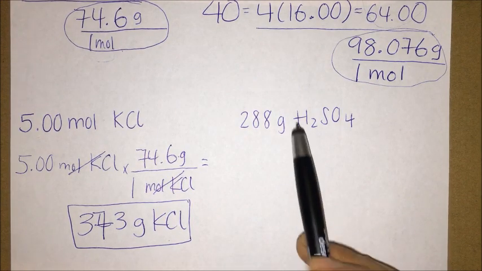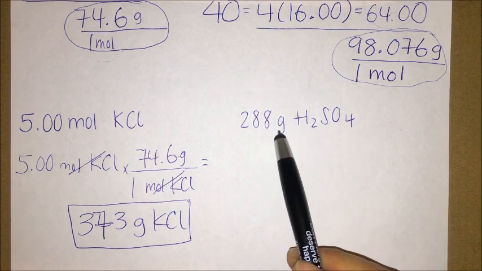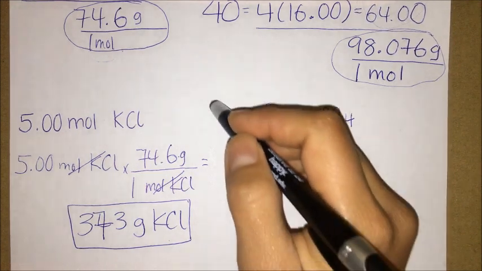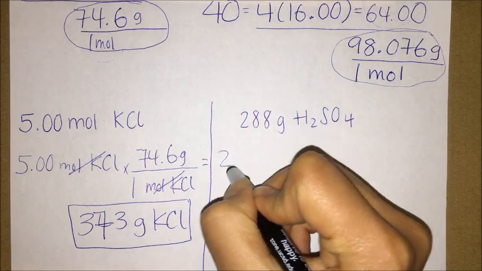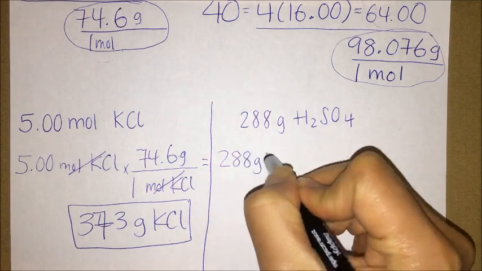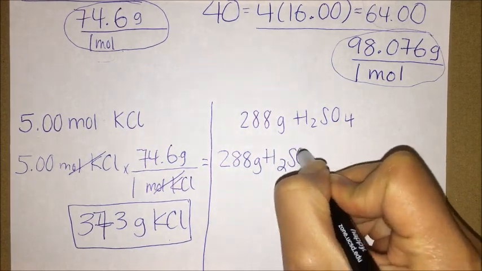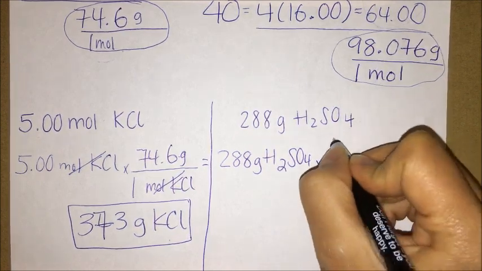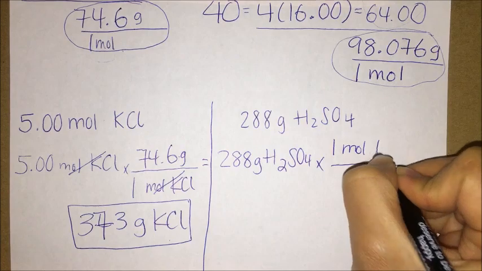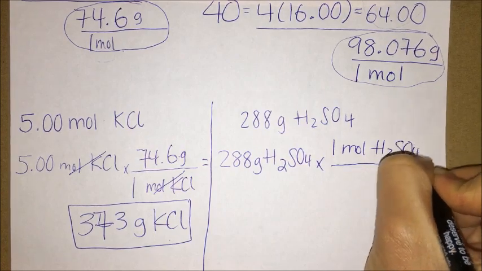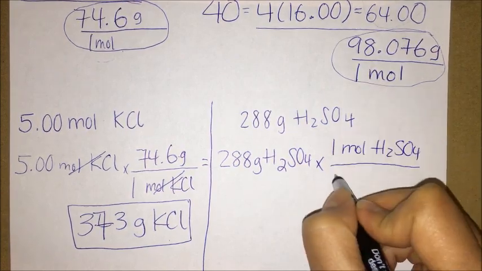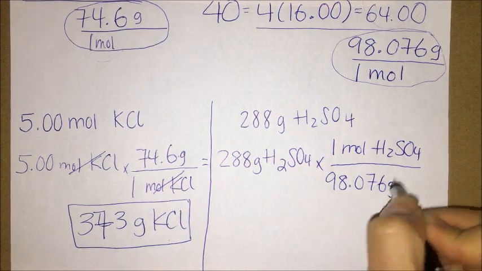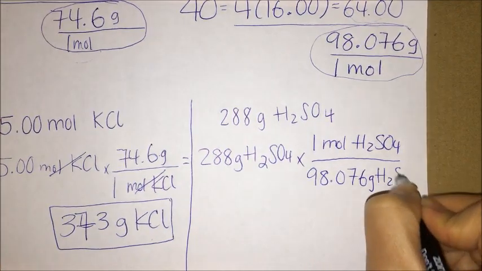Now let's say the problem gives you your compound in grams and they want you to convert it to moles. What you'll do is you start out with what you are given. According to the molar mass, for every 1 mole of H2SO4, it's going to weigh 98.076 grams of H2SO4.